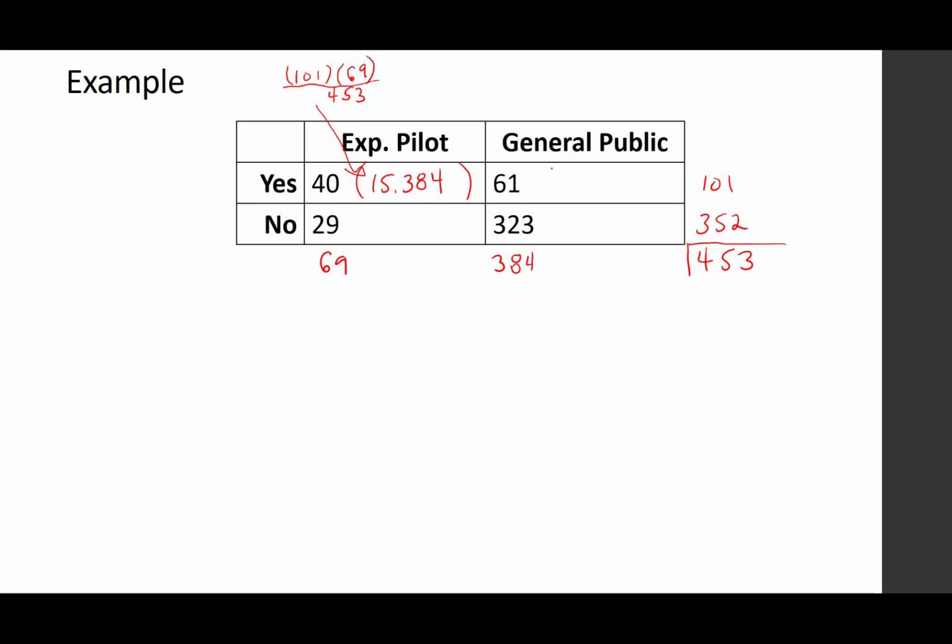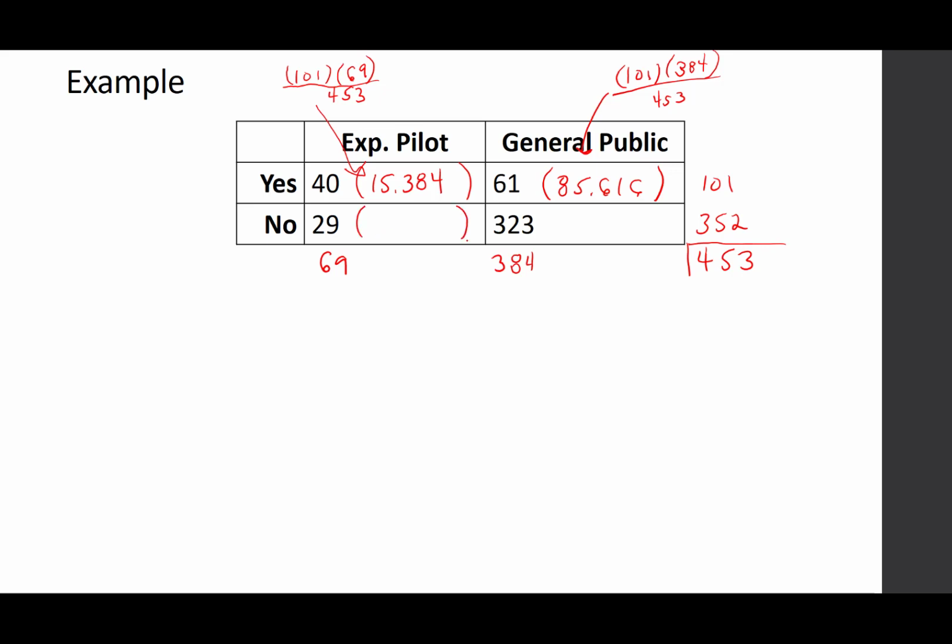All right, how about this cell? Well, the row that it's in, the row total is 101. The column total for the column that it's in is 384. So 101 times 384 divided by 453 gives us 85.616.